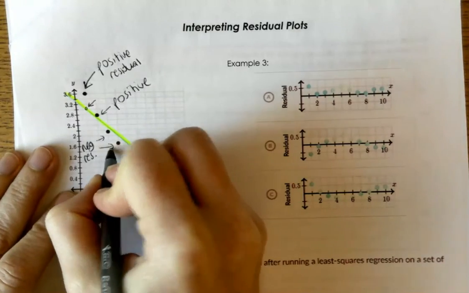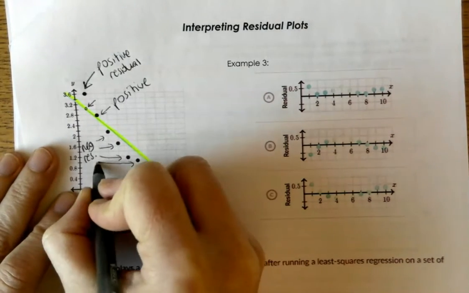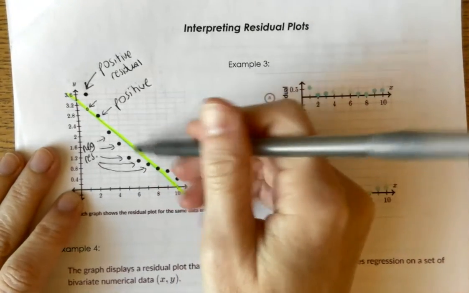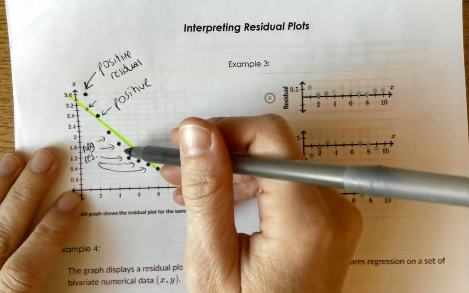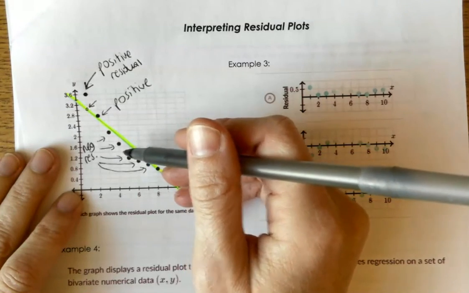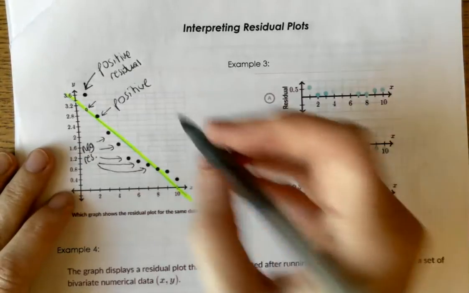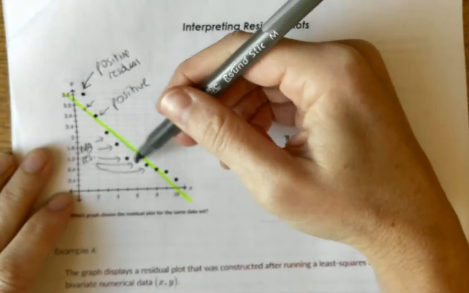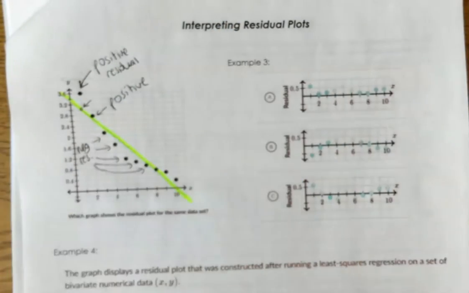Negative, negative, negative, negative, negative. Do you see how they're all below the line? If I have a negative residual, that means my prediction was larger than my actual. My prediction is the line. My prediction was larger than my actual for all of these dots, so I'm going to have a negative residual.